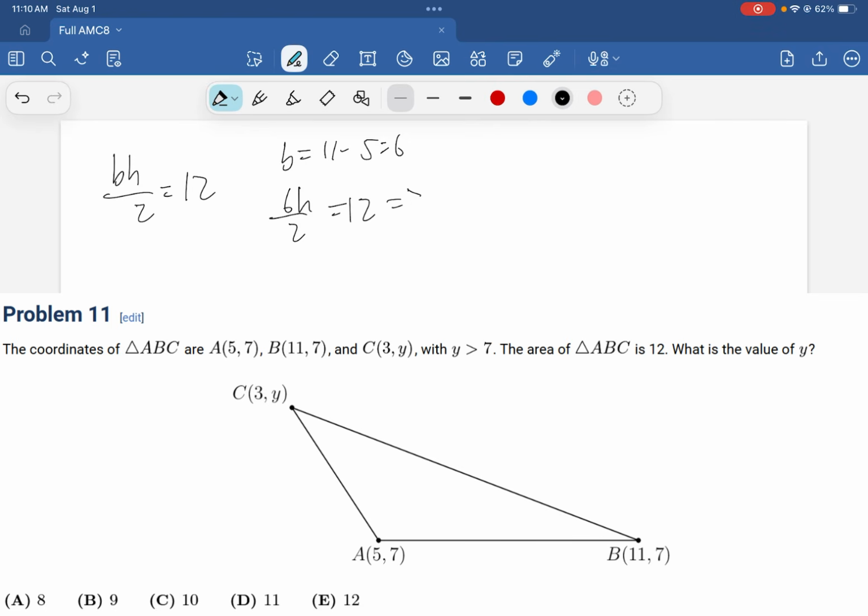This is equal to 3 times height, which means our height equals 4. And the height is just equal to the distance from C to the segment AB. And that's just equal to y minus 7. And that means y equals 11. So the answer is D.